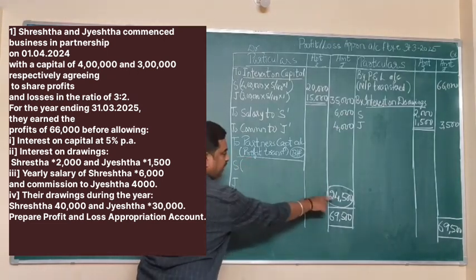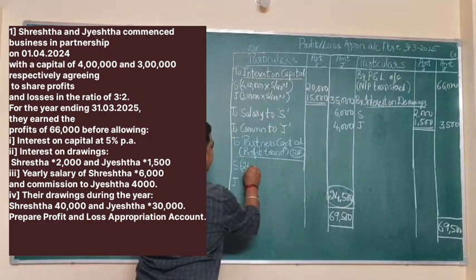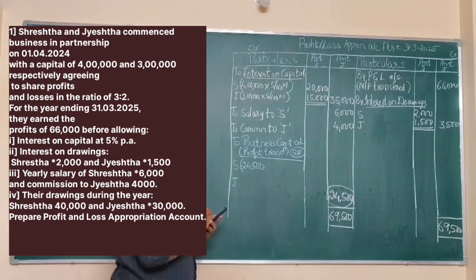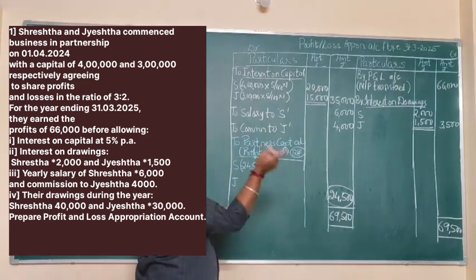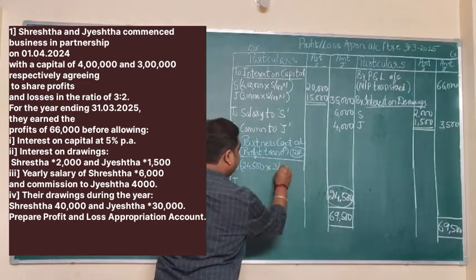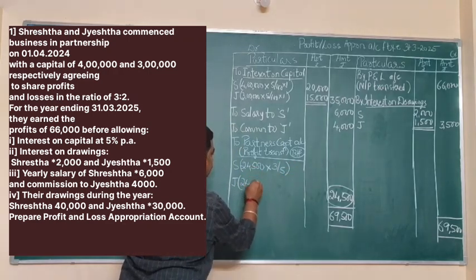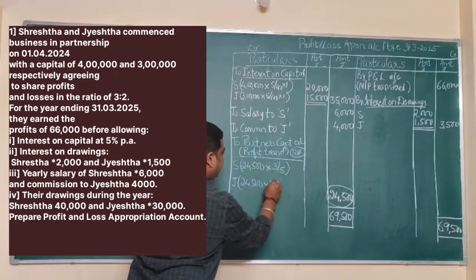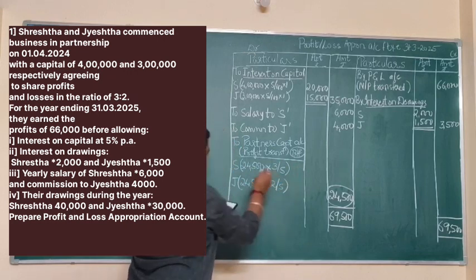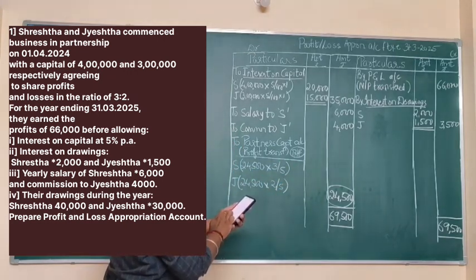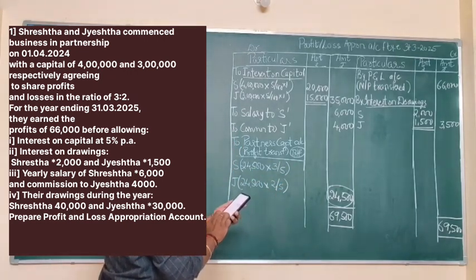Shrestha's profit, how much is it? 24,500. What is the share? 3:2. 3:2 means 3/5. Here, 24,500 into 3 divided by 5, do this in the calculator.